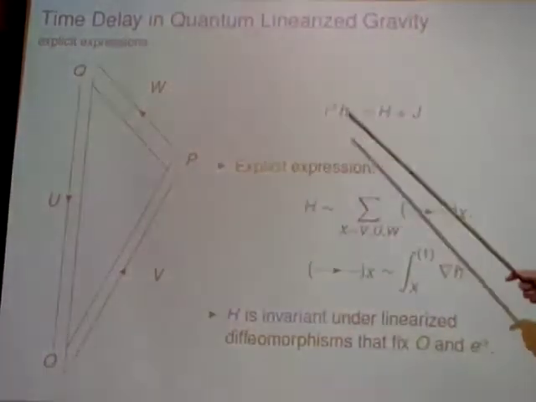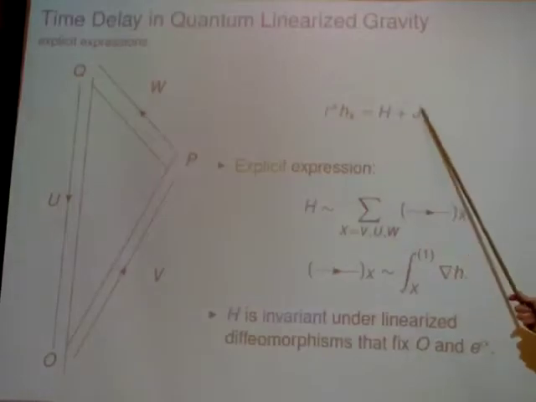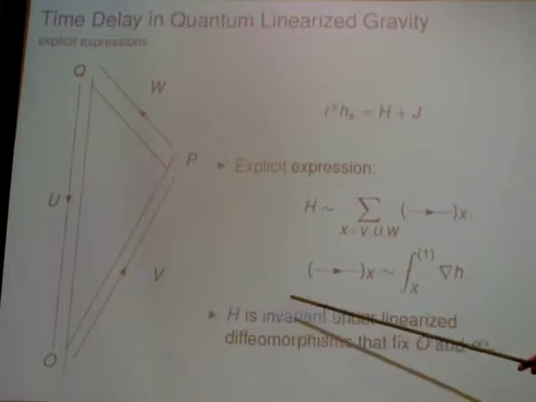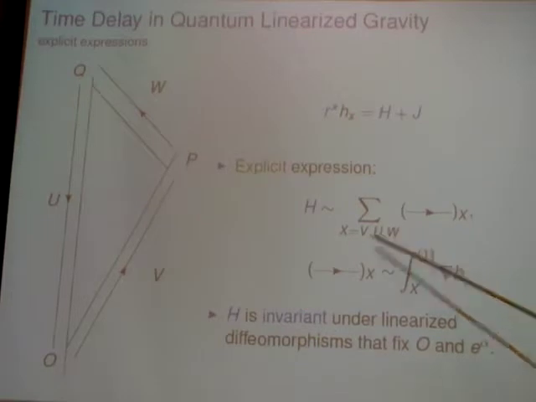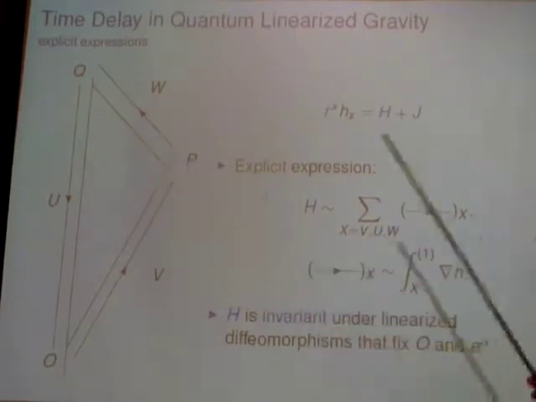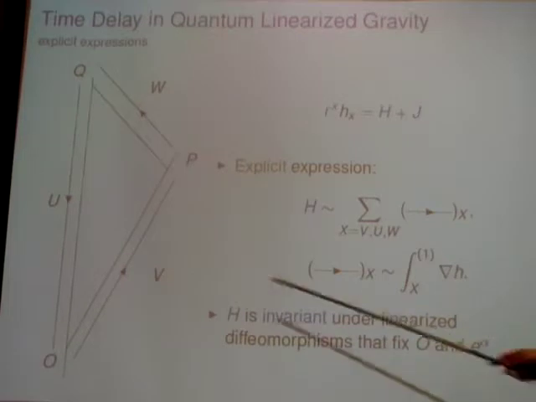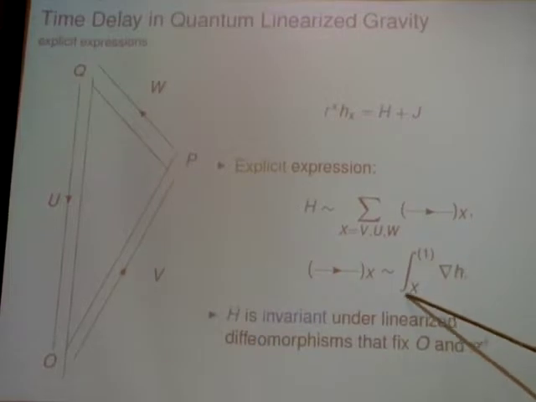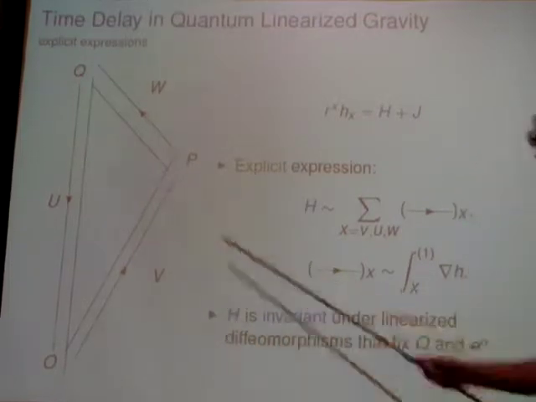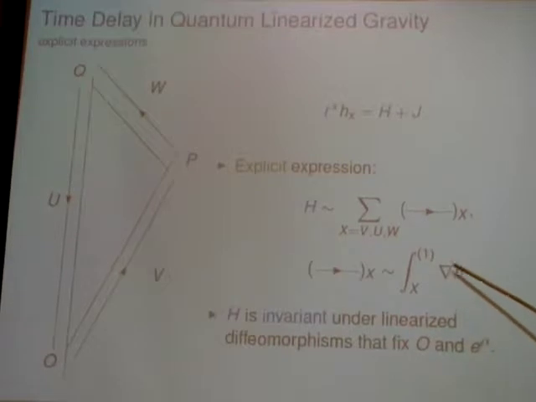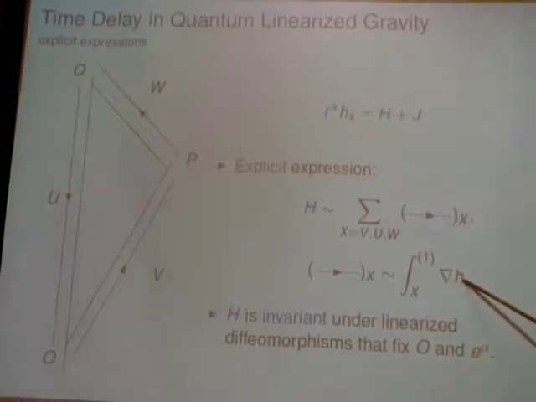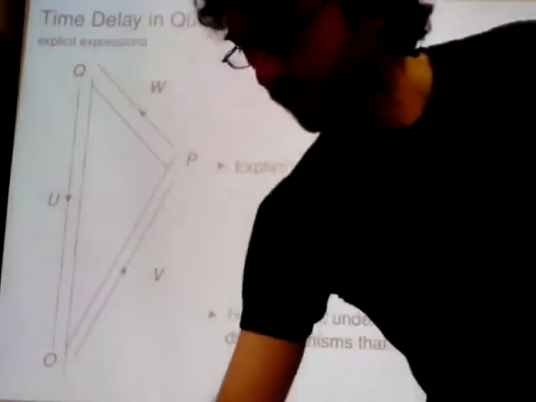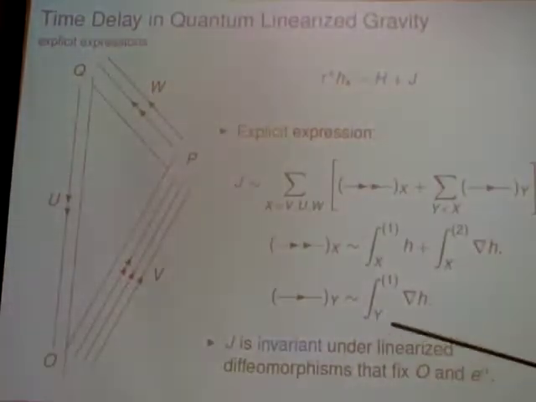I told you before that this expression has two terms. The term h is the simpler one, and it's a sum over the three geodesics making up this geodesic triangle. Each term, denoted by an arrow here, has the form of a one-dimensional integral over the underlying segment of some components of the first derivative of the perturbation field. We check that h is invariant under linearized diffeomorphisms. The j term is similar but more complicated.